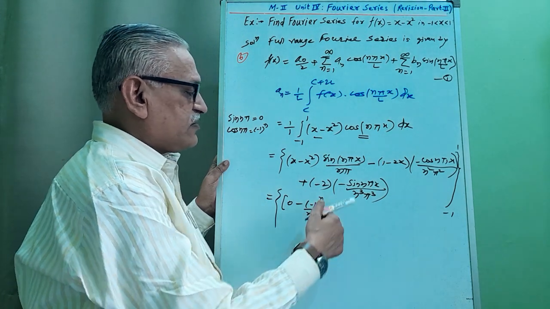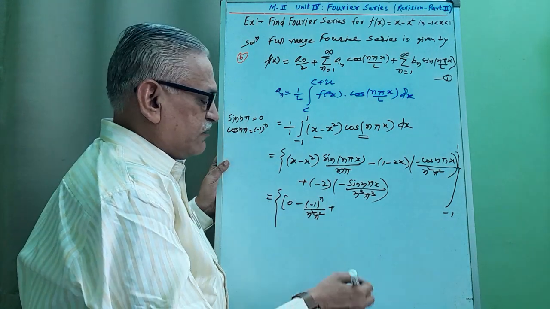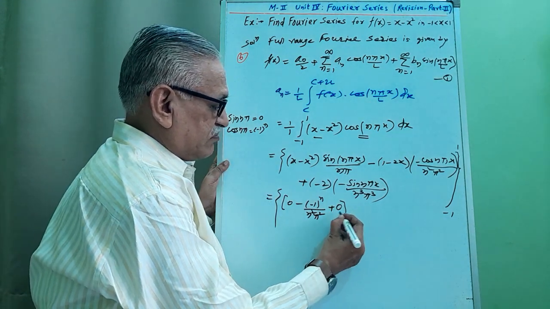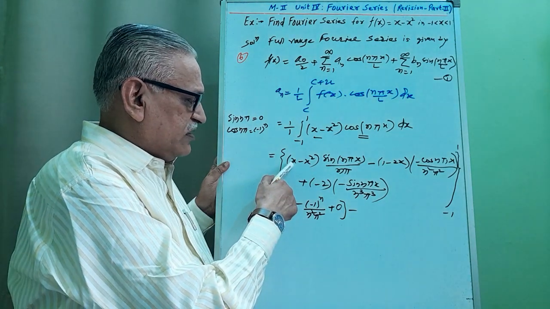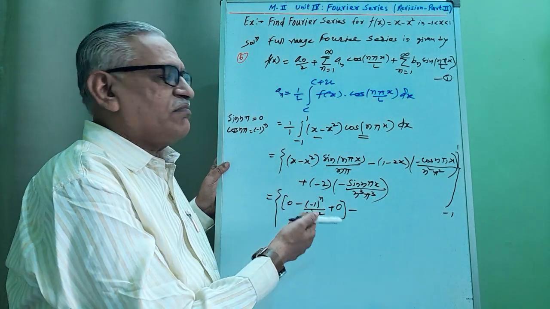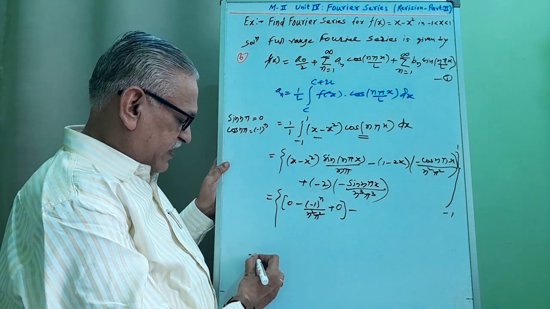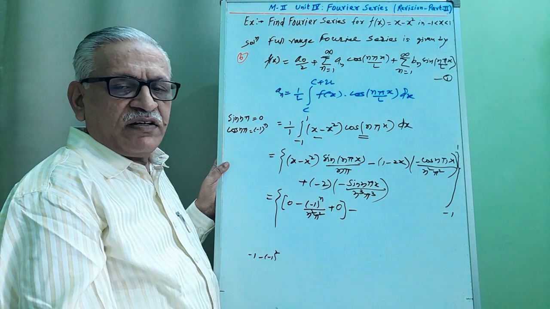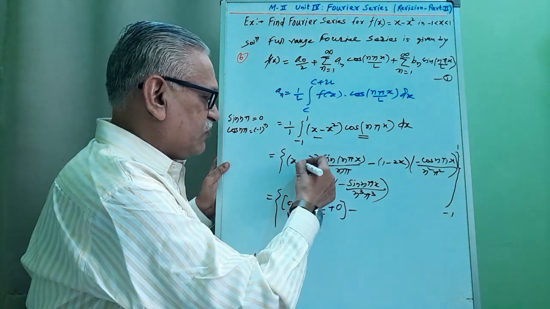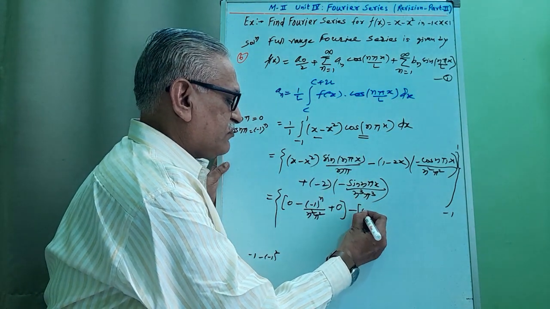Minus minus become plus. Sin n pi, value of sin n pi is 0. Then for lower limit, minus 1 minus minus 1 square, it is minus 1 minus 1, which is 0. Therefore this term once again becomes 0.